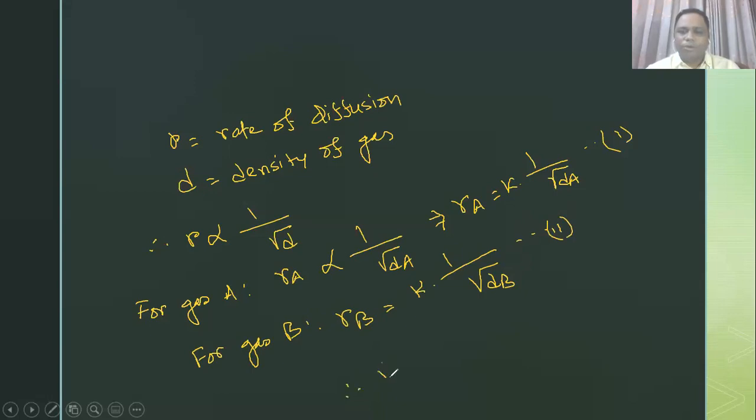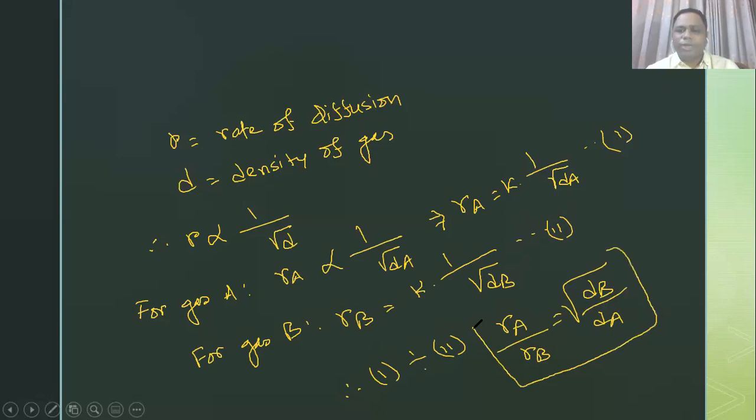Therefore, dividing equation 1 by 2, we can write RA/RB = √dB/√dA. So if we know the density of two gases, we can compare their rates of diffusion. And this mathematical relationship will help us to know the diffusion rates of two gases.